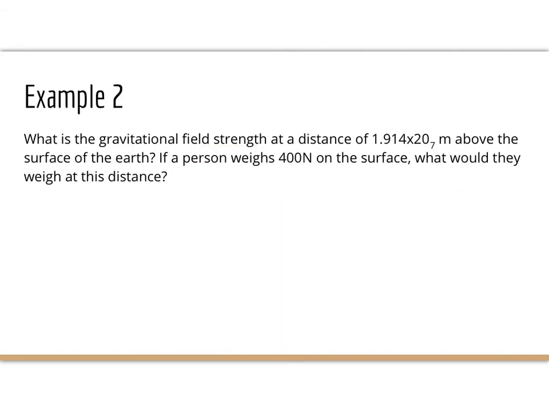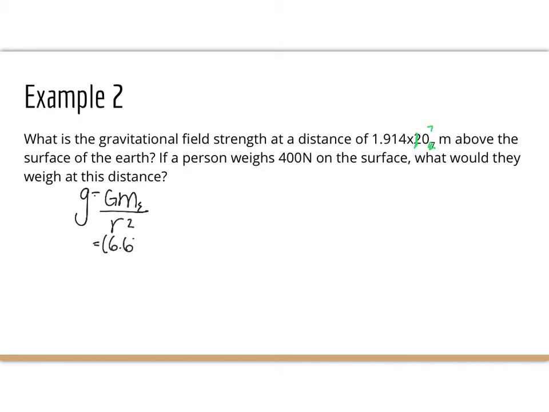What is the gravitational field strength at a distance of 1.914 times 10 to the 7 meters above the surface of the Earth? And if a person weighs 400 newtons on the surface, what would they weigh at this distance? Our formula is g equals G, the mass of the planet, Earth in this case, divided by the radius squared.